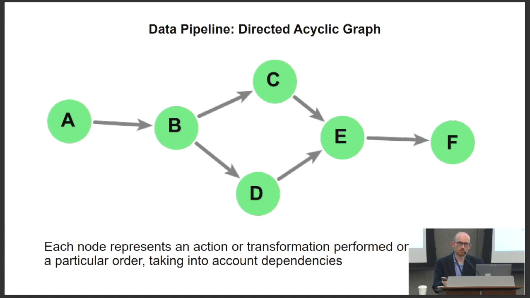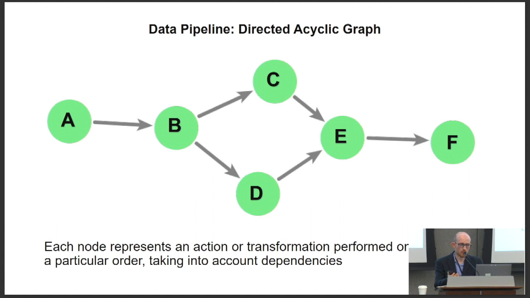This could be running a web scraper, pulling from a database, transforming a column, renaming a column, training a model, extracting parameters from a model. Any task essentially performed on the data can be represented by one of these nodes, these tasks.